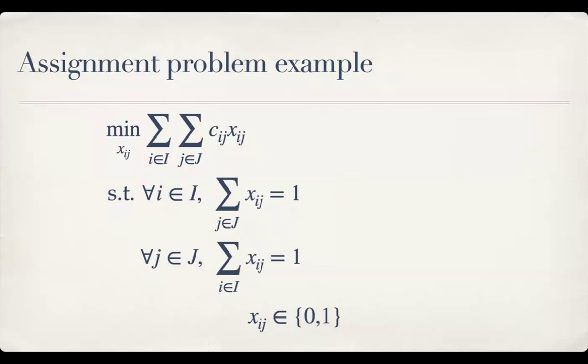And for each job, we sum the Xij by column, and each column must be 1 also. And each Xij must be binary, 0 or 1 only.